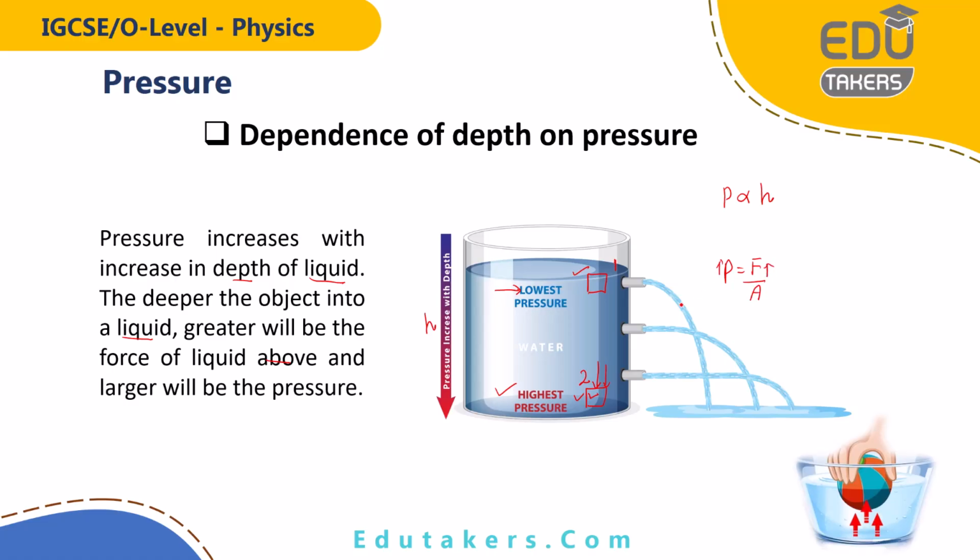So I can simply say that when the object is placed at a larger depth, the greater force will be acting on that object by the liquid above it, so that when the force is larger, the pressure also increases. That's why at the depth, the pressure is larger as compared to the surface of the liquid. So the same thing is given here, the deeper the object into the liquid, greater will be the force of the liquid above and larger will be the pressure.